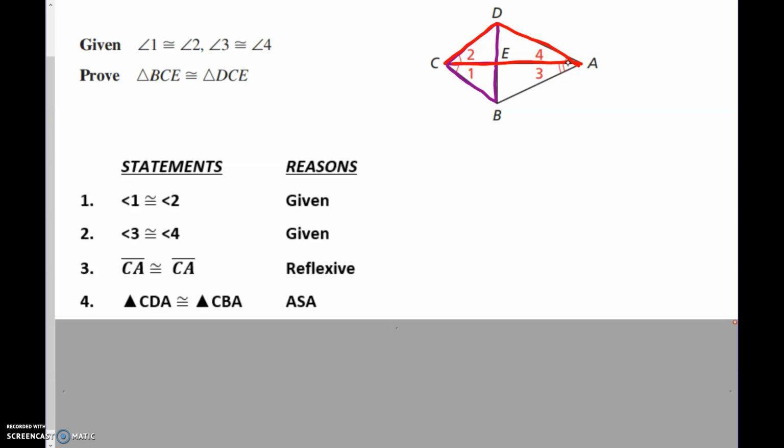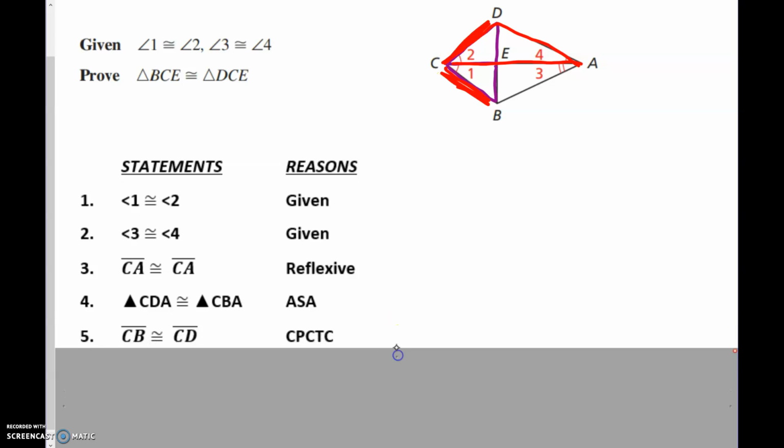So what corresponding parts could we possibly want to get congruent? Well, what about this side right here and this side right here? Can we get CB congruent to CD by CPCTC?